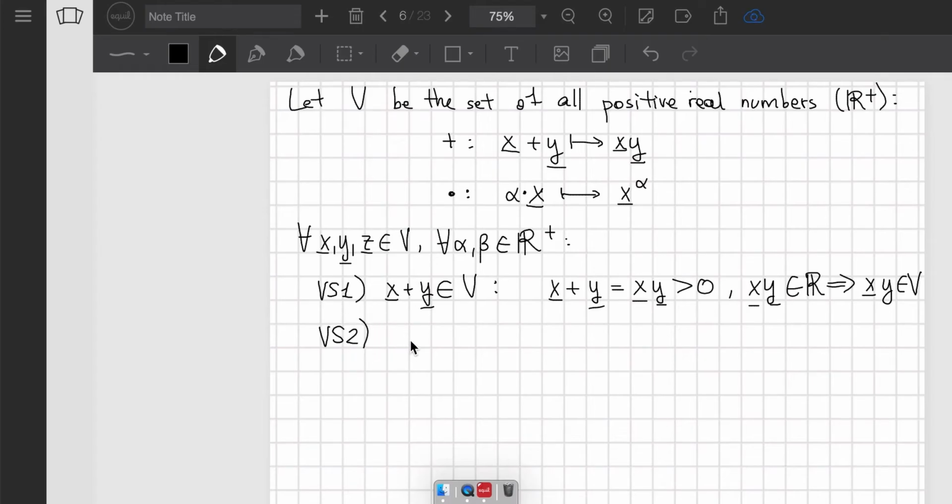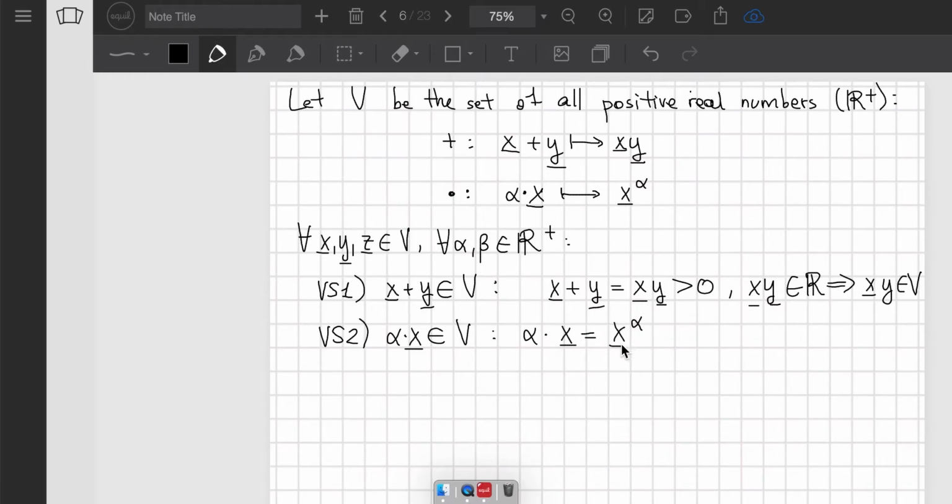Now we have to do the same for scalar multiplication. So if we take alpha multiplied by x, then this must belong to V. How do we prove this? Well, again, we defined the scalar multiplication to be just x to the power of alpha, right?